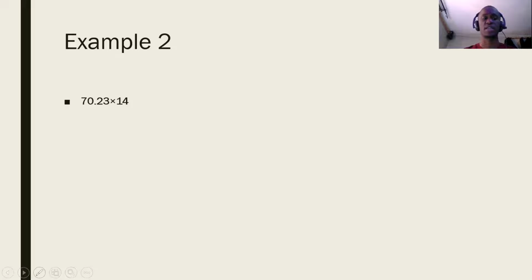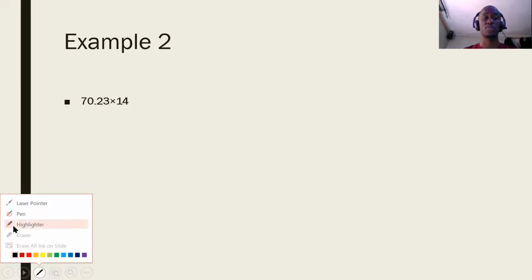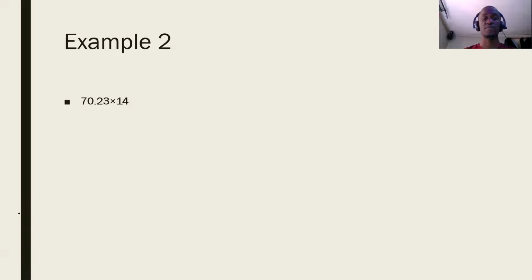We move to the next example, that is example 2. Example 2 is a bit complicated. We have got 70.23 times 14. What do we do? This is what we are going to do. We start by removing the decimal point by counting how many decimal points we have on that number.